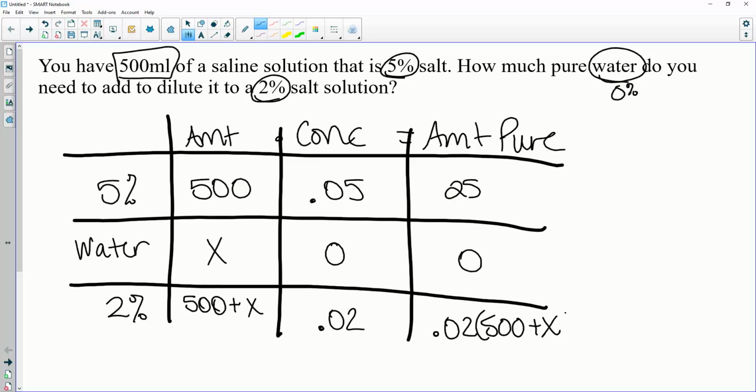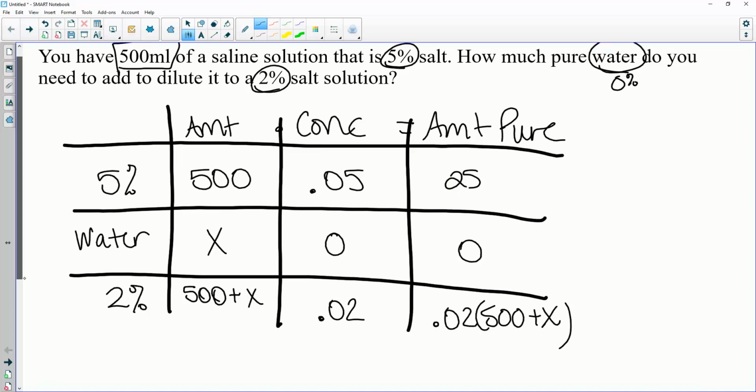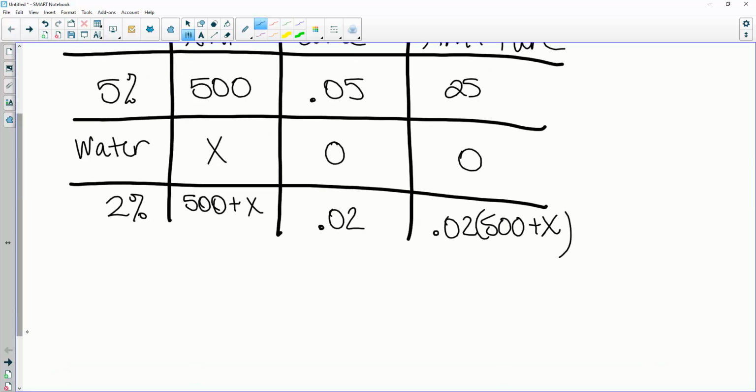And that's another place where I've seen a few people making mistakes. They take the 500 times the 0.02, but they don't distribute it to their X. So if you need to, write it like this, so that you realize you have to distribute that 0.02. Then how do you write an equation from there?